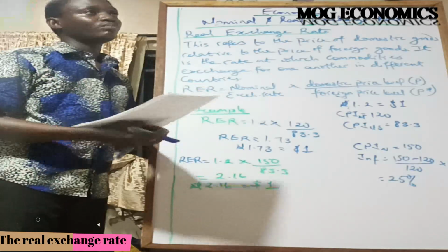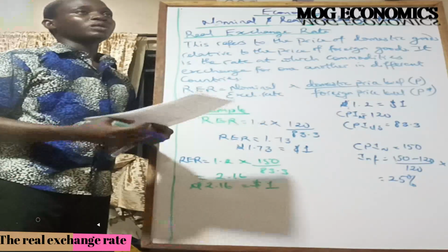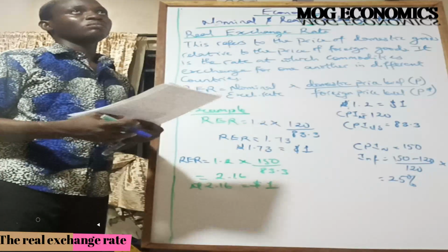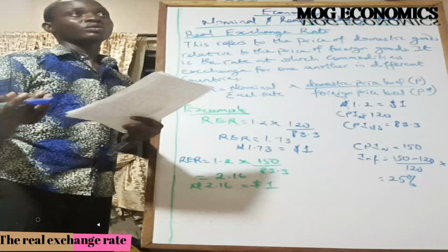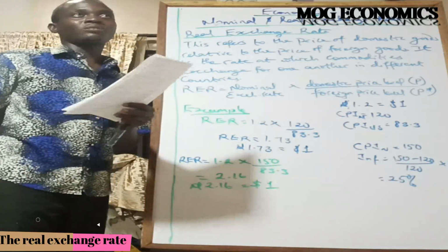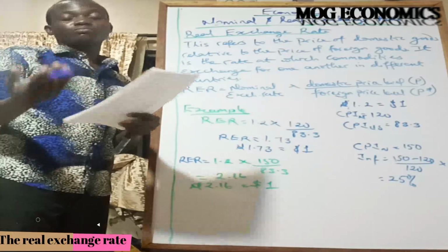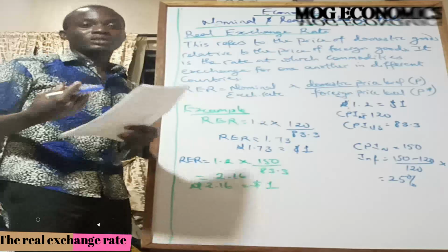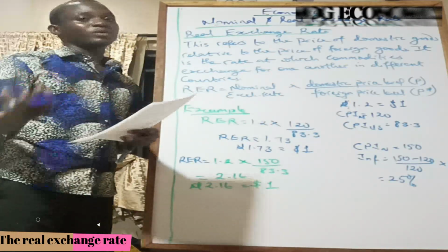So what then might be the implication of inflation in your country? If there is inflation in your country, especially cost-push inflation, and inflation is the increment in the price level of goods and services, it means the commodities your country exports to other countries would now sell at higher prices.